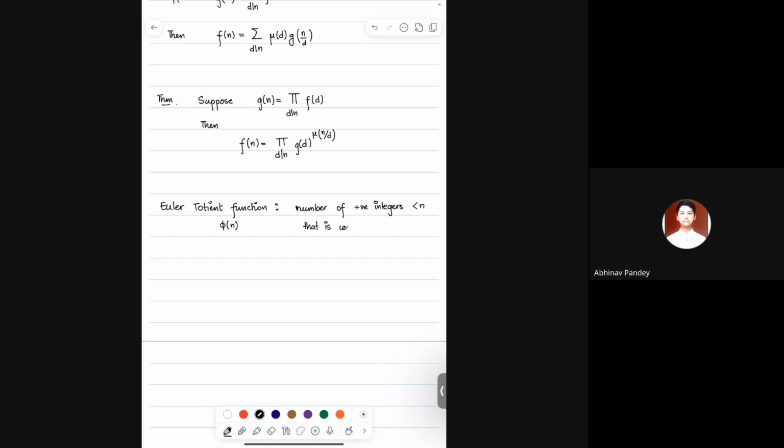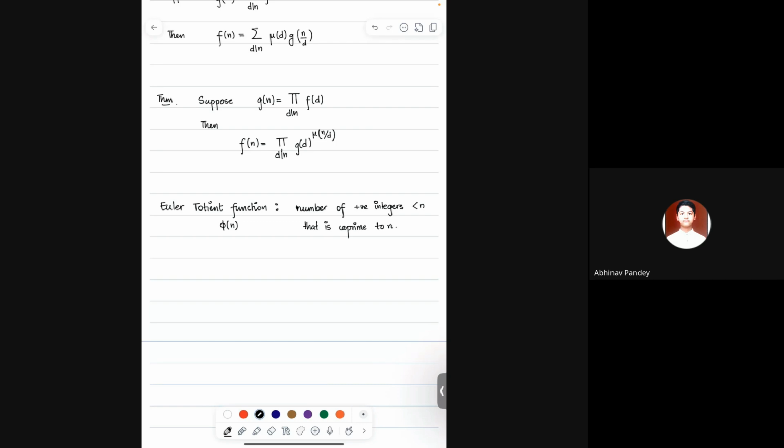So let's say you're looking at the prime, the integer 5. What is the Euler totient function for 5? 1 is less than 5. It's co-prime to 5. 2, 3, 4. So everything before 5 is co-prime to 5.